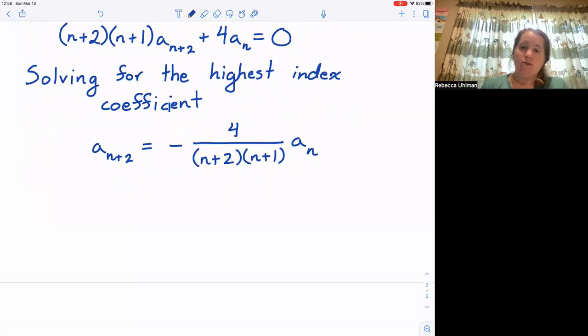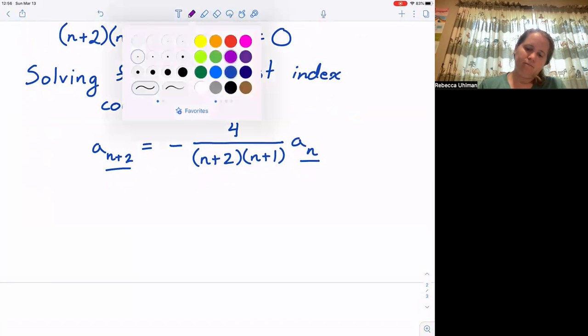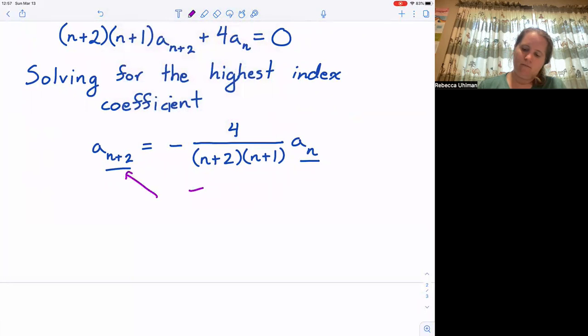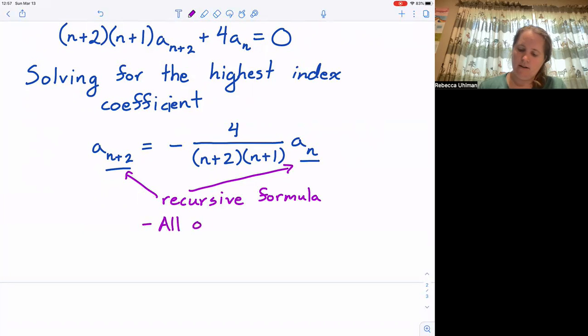So now let's go ahead and just solve for the a sub n's. Note this a sub n plus 2 being only in terms of a sub n means all the even powers should be written in terms of a sub 0. All the odd powers, or all odd coefficients, should be written in terms of a sub 1. So we have a recursive formula. Let's do even first.